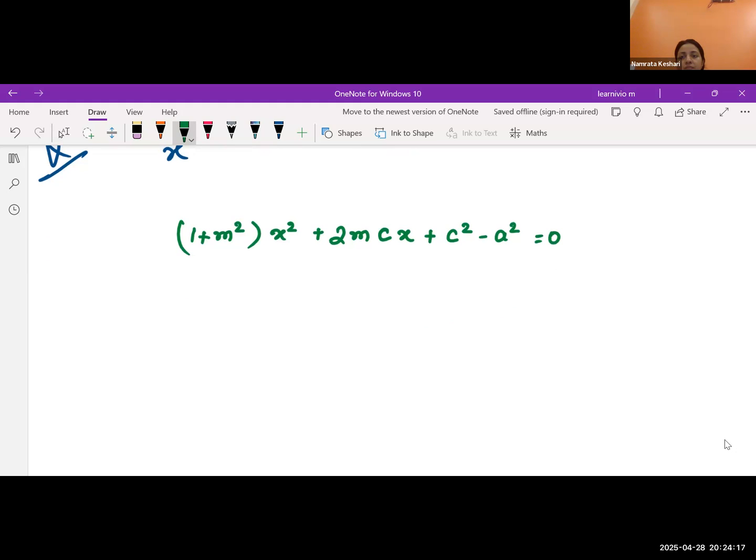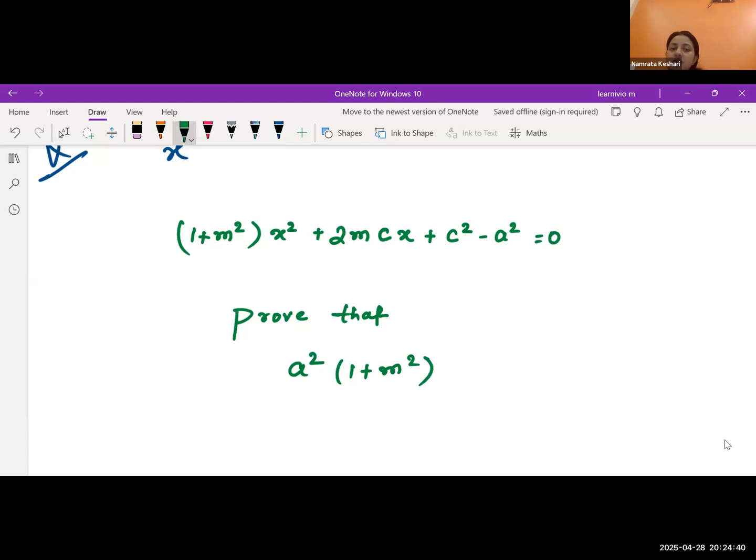We should prove that a square into (1 plus m square) is equal to c square.